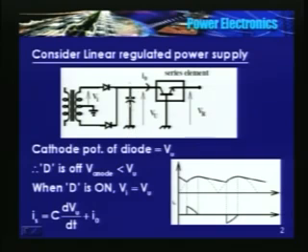I will filter it using a capacitor. Then I will use a series element, what sort of a series element we will see sometime later. And at the output, I will get a regulated power supply. With 230 volts input, the transformer secondary winding depends on the voltage requirement at this point.